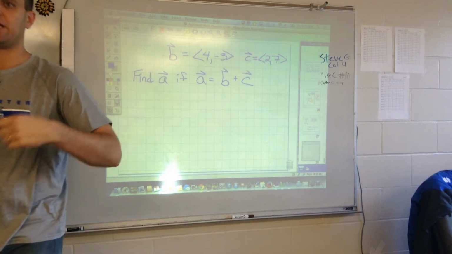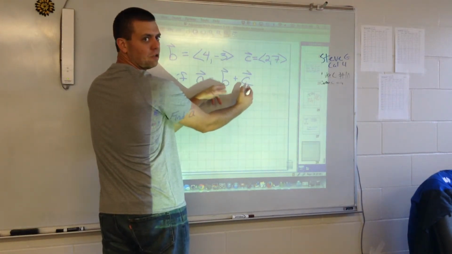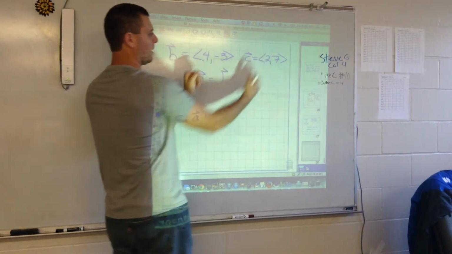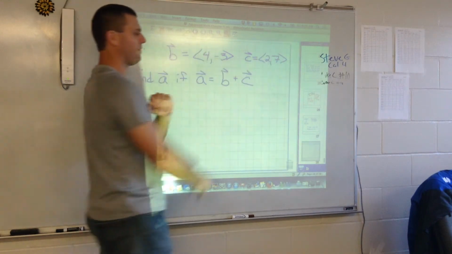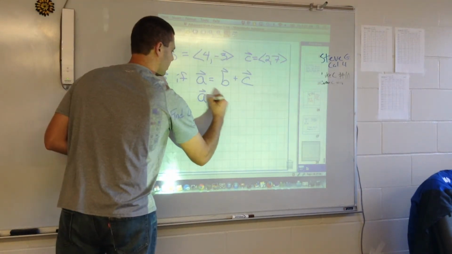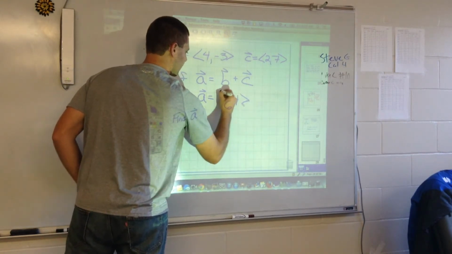So the sum, if those two forces act together, vector A will equal whatever the x values are added together plus whatever the y values are added together. So in other words, vector A in that case would be 6, 4, like you guys said.